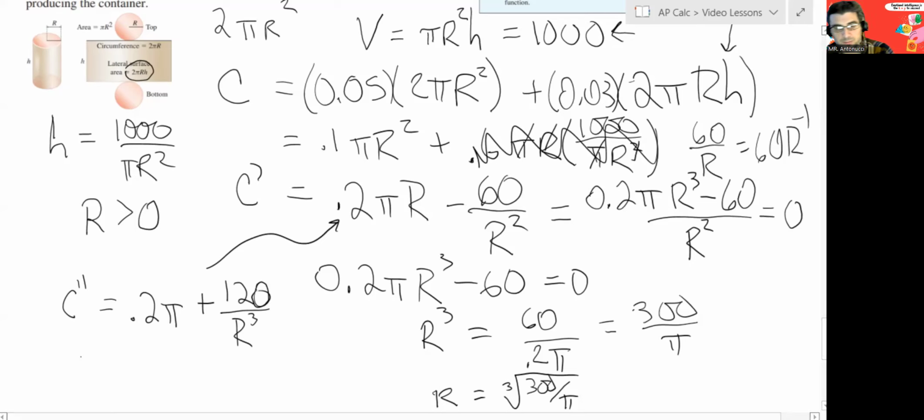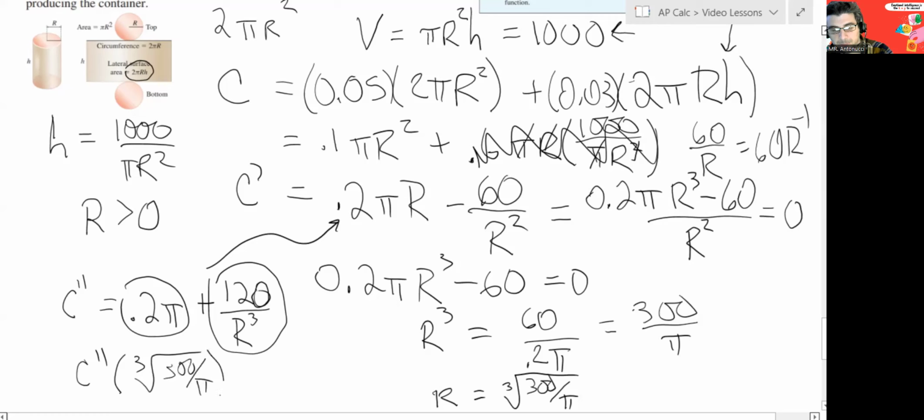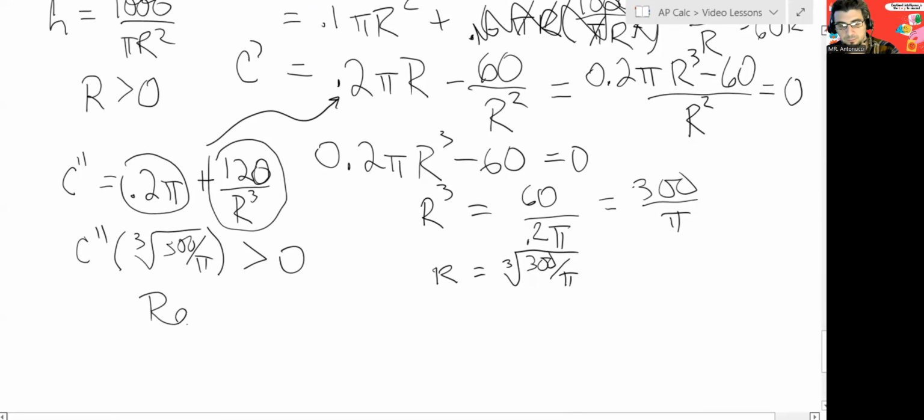Notice 0.2 pi and 120 over r cubed are both going to be positive no matter what positive number you plug in for r. So C double prime of cube root of 300 over pi is going to be positive. So by the second derivative test, if the second derivative is positive at a critical number, then you have a relative min. So at r equals cube root of 300 over pi, you have a relative min.